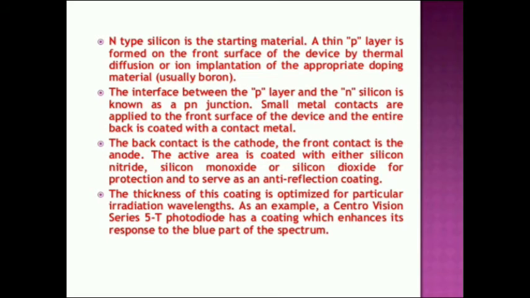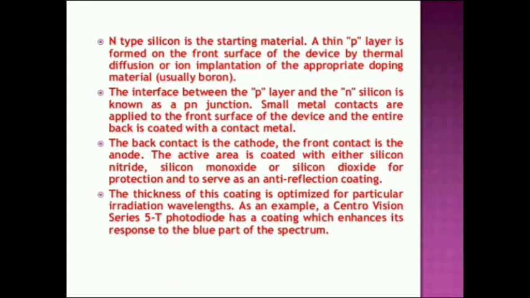N-type silicon is the starting material. A thin P layer is formed on the front surface of the device by thermal diffusion or ion implantation of the appropriate doping material, usually boron.